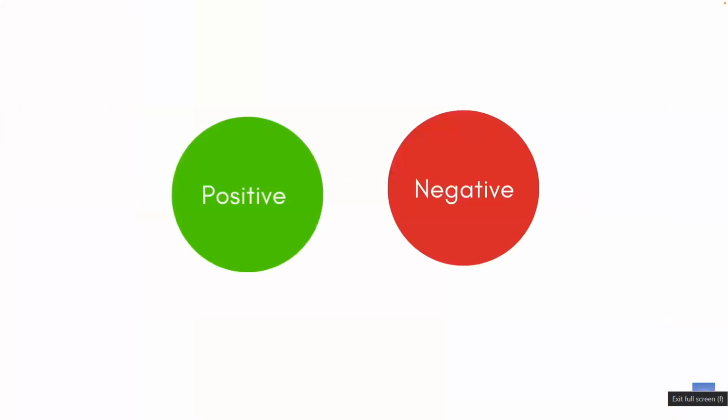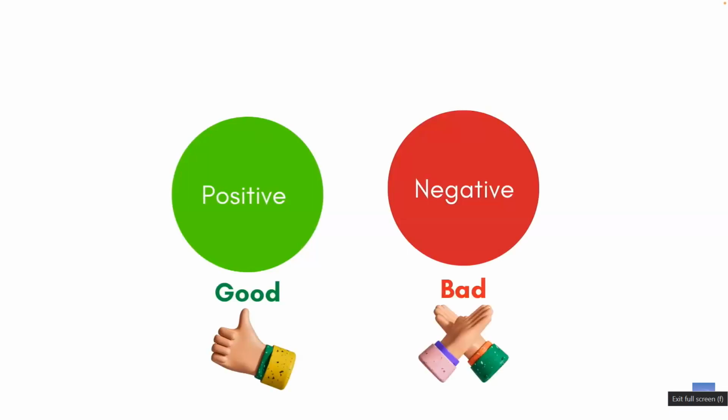Before moving any further, let's clarify a few terminologies that will help us understand the concepts of reinforcement and punishment better. In the context of the operant conditioning theory, we use many everyday terminologies such as the words positive and negative. In everyday context, the word positive could mean something good and negative something bad.